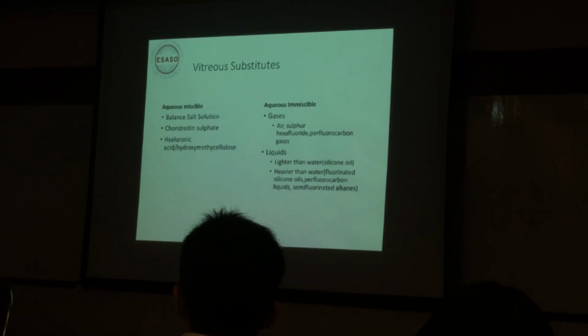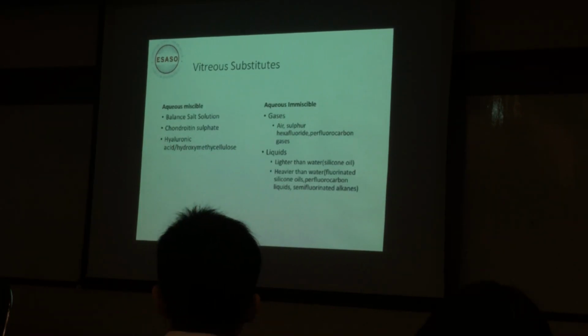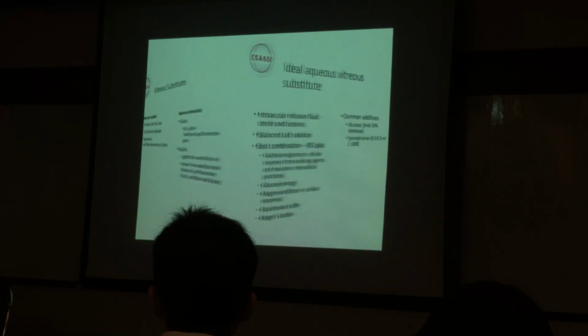Silicone oil is lighter than water, as are most of them, and heavier than water are the fluorinated silicone oils. Those add additional fluorine, which makes them heavy. Then perfluorocarbon liquids that we'll talk about, and of course the other semi-fluorinated alkanes, also used as a silicone-like substitute.